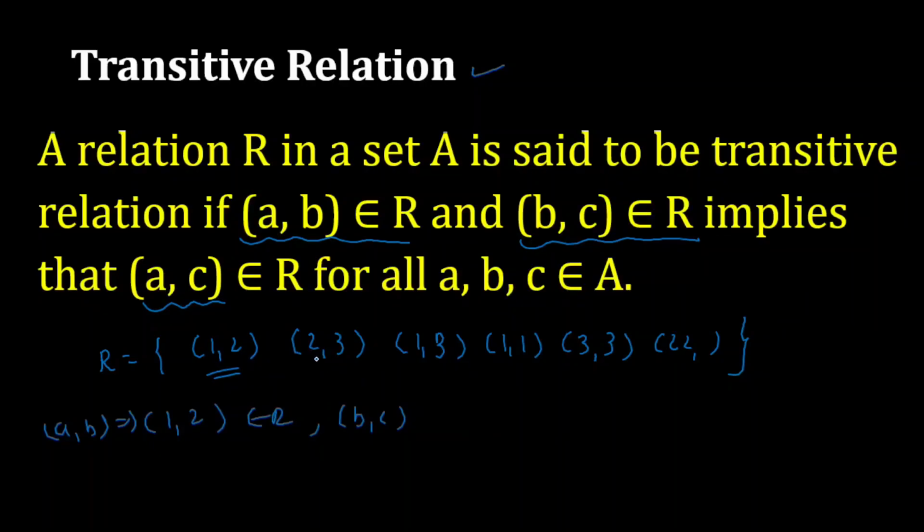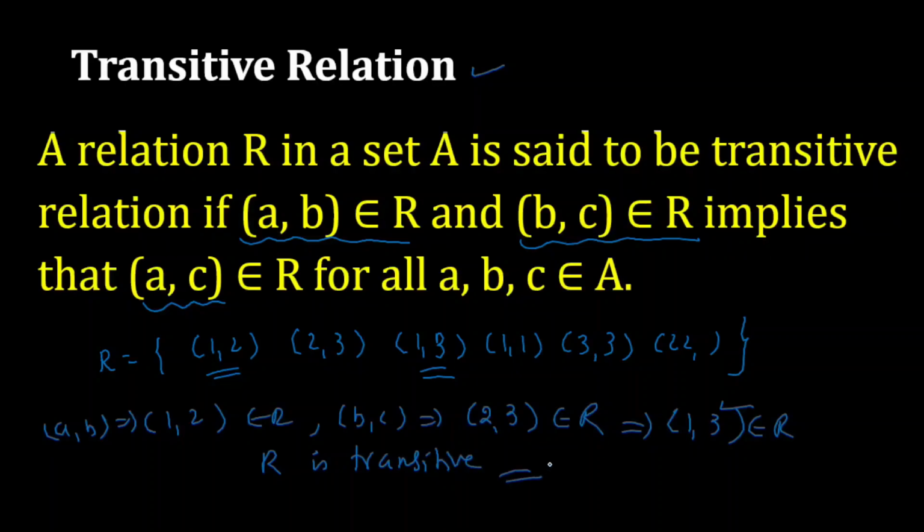Here is an element starting with 2, so (B, C) is (2, 3). This also belongs to R. Then what is (A, C)? A is 1, C is 3. Let us check whether (1, 3) belongs or not. Yes, (1, 3) is there. So R is transitive.